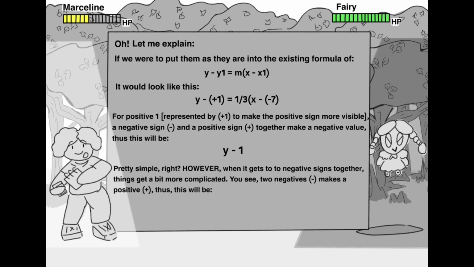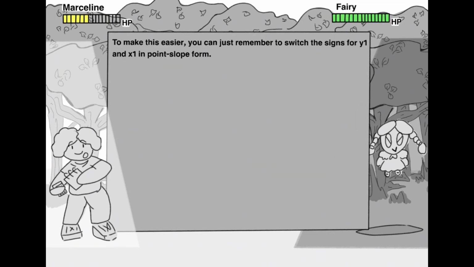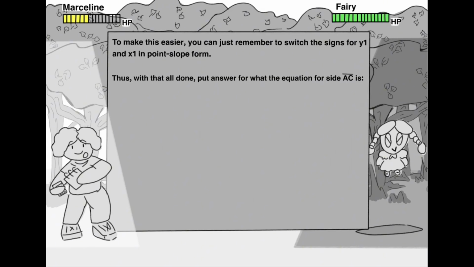Pretty simple, right? However, when it gets to two negative signs together, it gets a bit more complicated. You see, two negatives make a positive. Thus, this will be... To make this easier, you can just remember to switch the signs for y1 and x1 in the point-slope form. Thus, with that all done, put the answer for what the equation for side AC is.